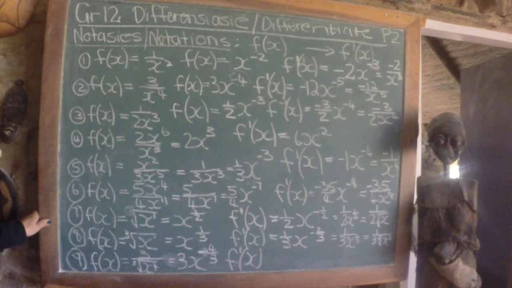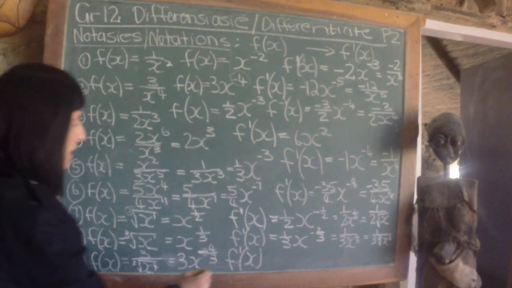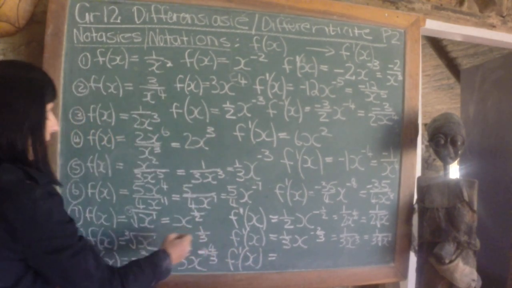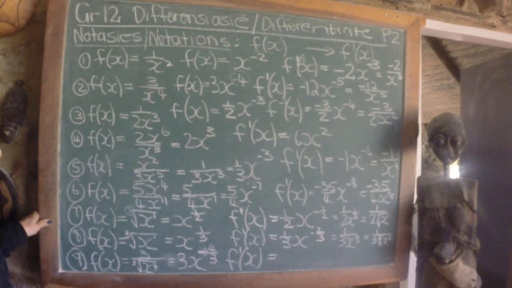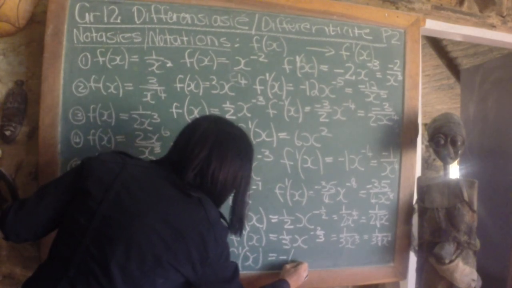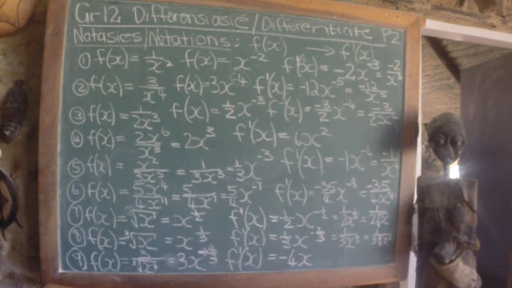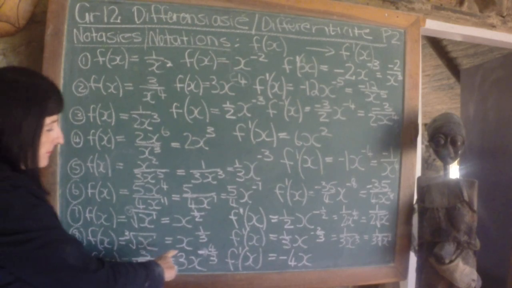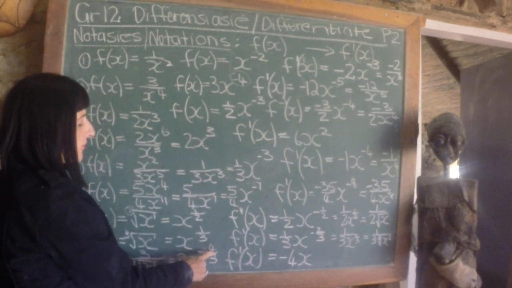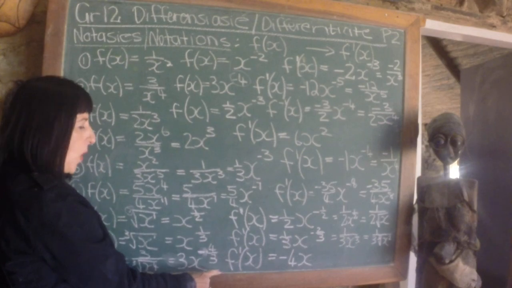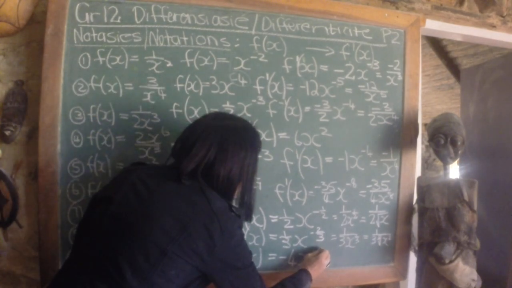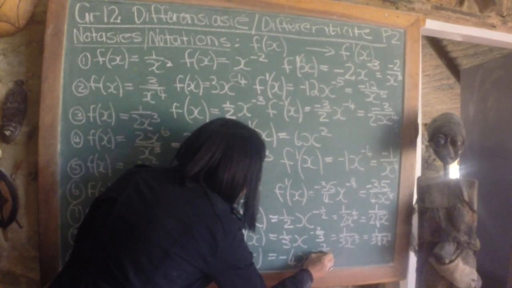Minus 4 op 3 maal met 3 is gelyk aan minus 4. We take that to the front, minus 4 on 3, multiply it to 3, gives me minus 4. Now we're going to subtract 1, so it's minus 7 on 3. If you minus 1, it's minus 4 on 3, minus 3 on 3, gives you minus 7 on 3.